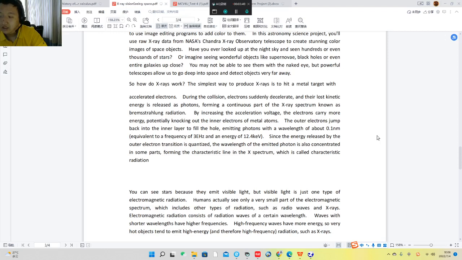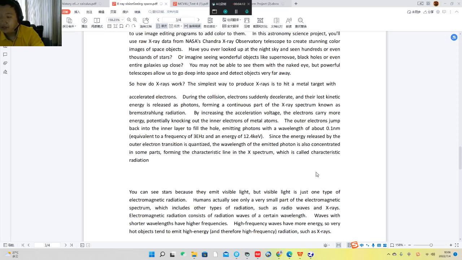The outer electrons jump back into the inner layer to fill the hole, emitting photons with a wavelength of about 0.9 nm, equivalent to a frequency of 3 Hz and an energy of 12.4.